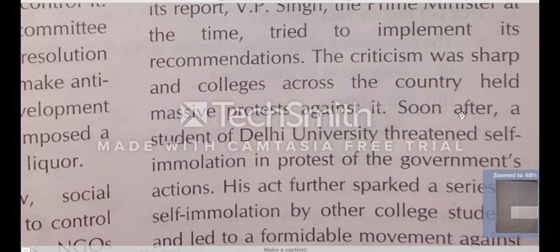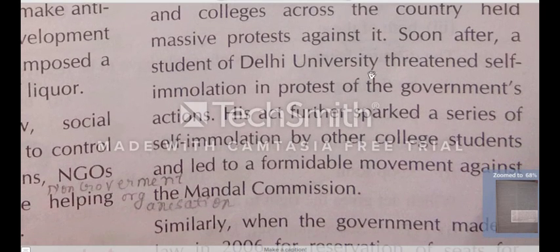Soon after, a student of Delhi University threatened self-immolation in protest of the government decision. Threatened means धमकी दी या धमकाना. Immolation means sacrifice.